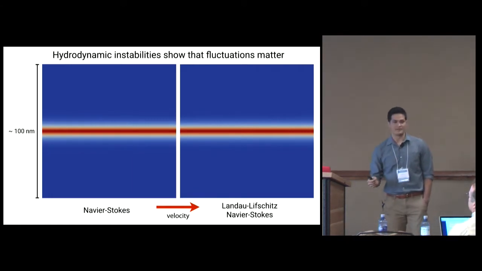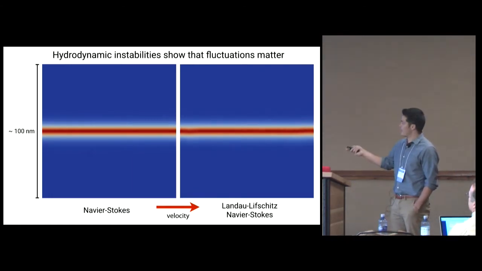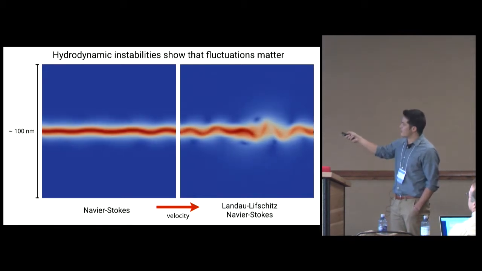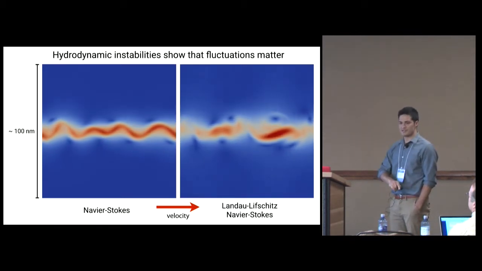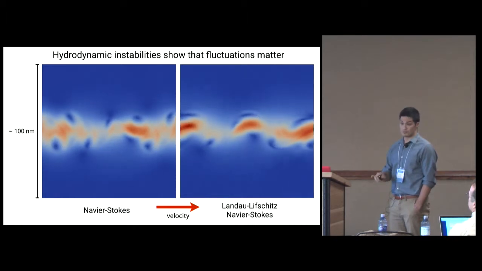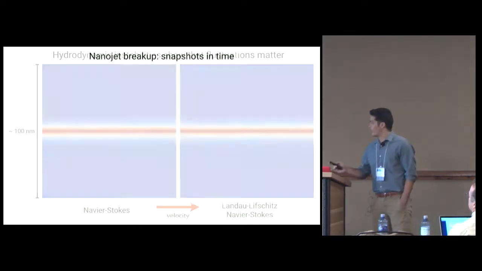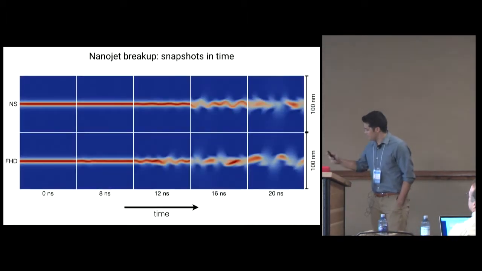So droplet breakup is actually an important thing that people look at, and it has a lot to do with thermal fluctuations. The only point I'm trying to make in general, though, is that if you don't put the fluctuations in, you can get completely wrong answers qualitatively.